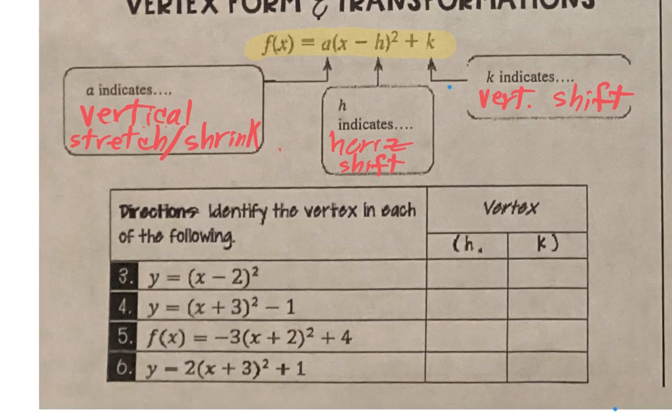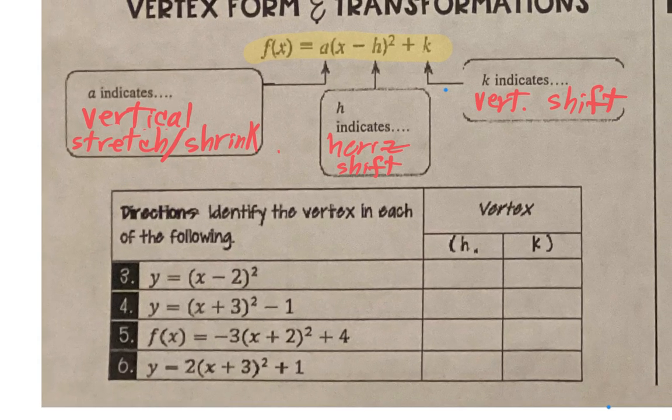So let's look at a few. Gave us 4 problems. All we want to do is find the vertex using this form up here. So we have y equals parentheses x minus 2 squared. Notice there's not a k being added.